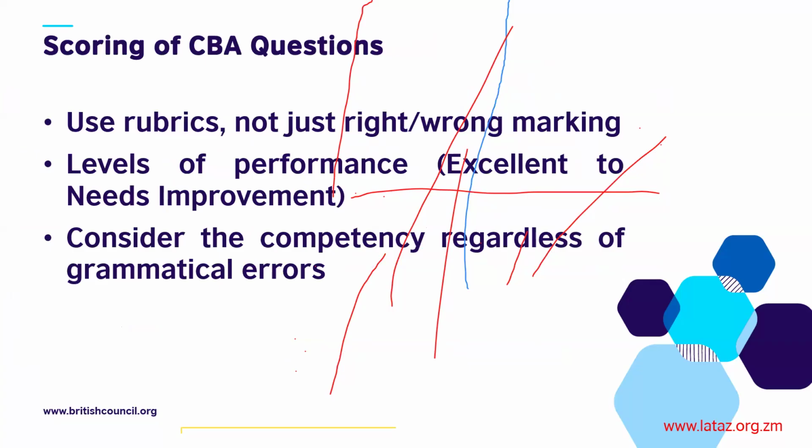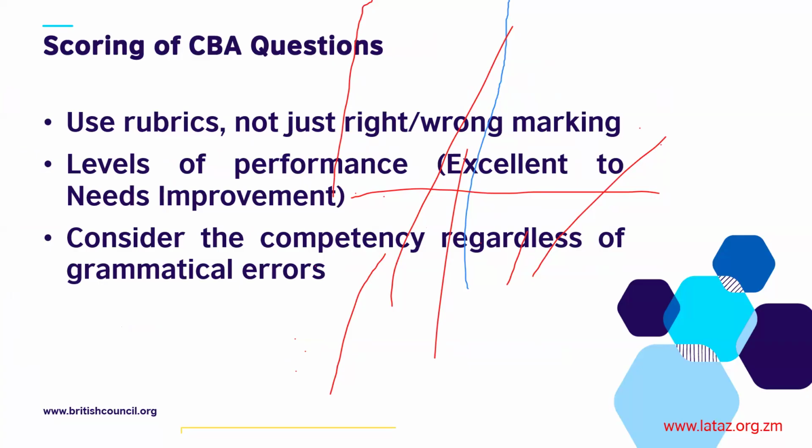Okay. Scoring of CBA questions: use rubrics, not just right or wrong marking. So I've emphasized that the rubric should provide for the competency. The grammar might be wrong, the vocabulary might be limited, but does the learner try to bring out the competence I'm looking for?